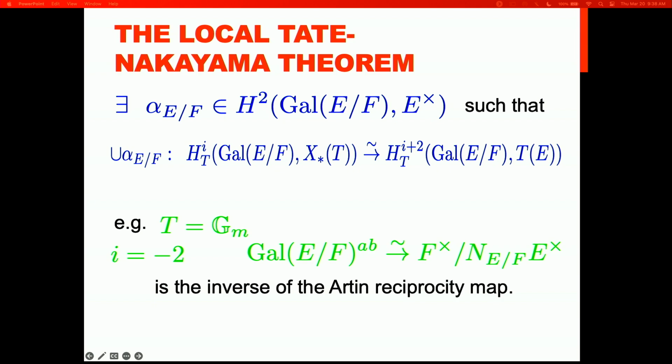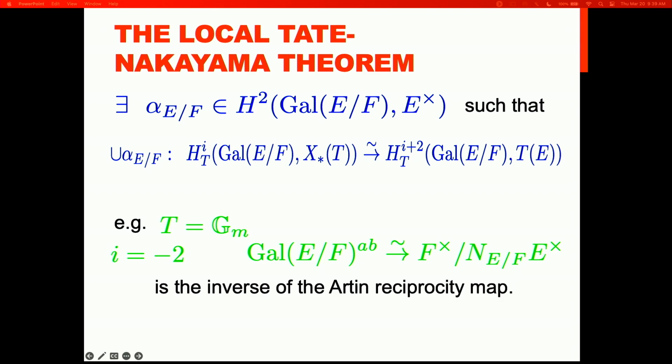So that's the answer they gave. So for instance, if I take the torus to be just the multiplicative group for a moment, then if I take i equals -2, on the left-hand side, well, the co-character group is just Z with the trivial Galois action. So on the left-hand side, Tate H^-2 is just the first homology. So I get the first homology of the Galois group of E over F with coefficients in Z, which is just the abelianized Galois group.